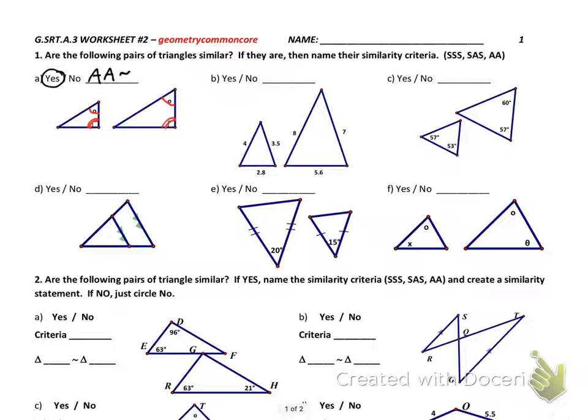The next one. This is where the proportionality of the sides comes into play. So the only way to check if these two are similar is to make sure all the sides have the same proportion. And this is where the first thing you want to do, because it's easy to make a mistake with this, is match up your shortest side to your shortest side, your medium length side to the medium length side, and the longest to the longest. So what are my two shortest sides in these two triangles? 2.8 and 5.6. There you go.